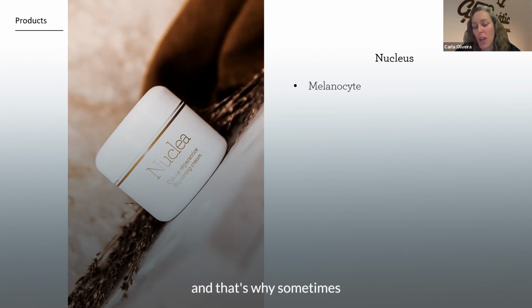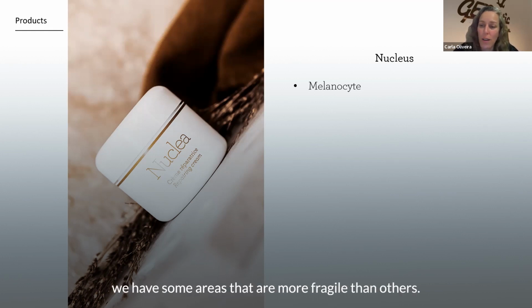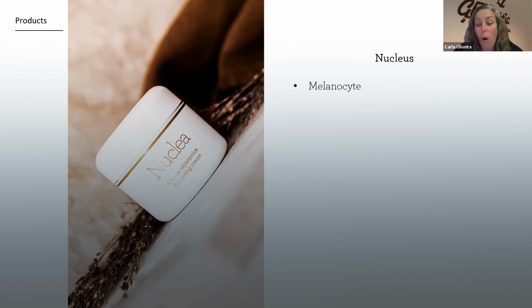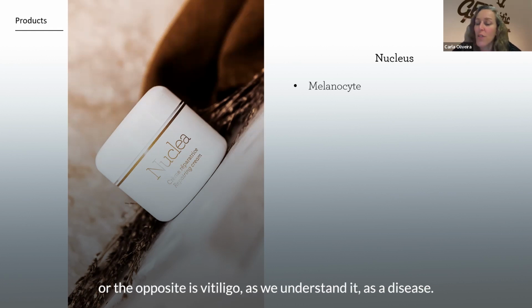And that's why sometimes we have some areas that are more fragile than others, and because of internal issues also, that's where we begin to have spots, hyperpigmentation. Or the opposite, as in vitiligo, as we understand it as a disease.